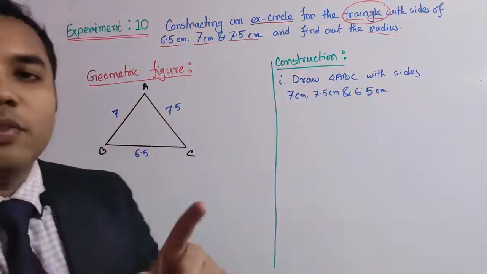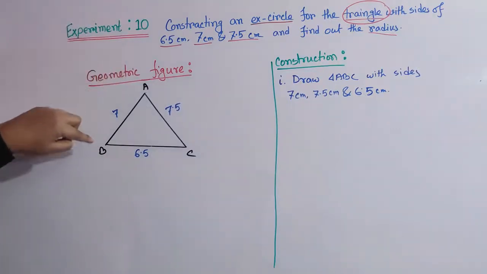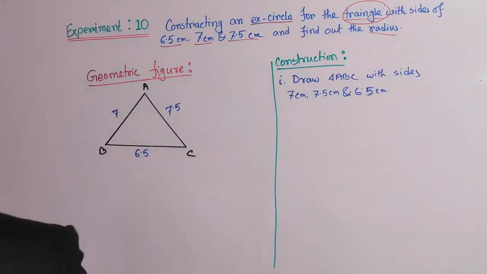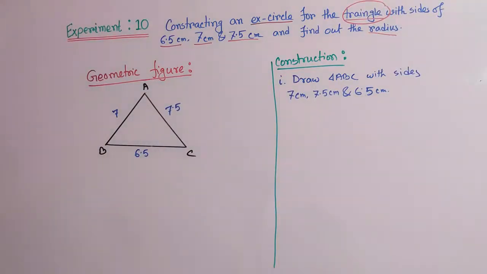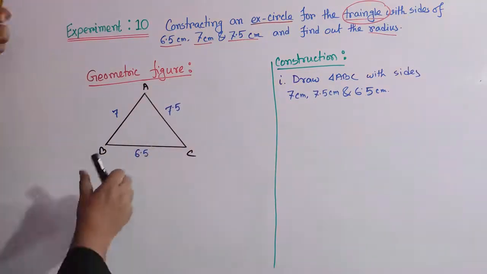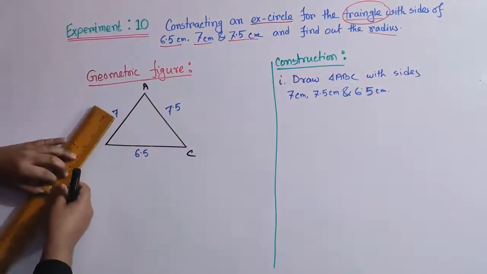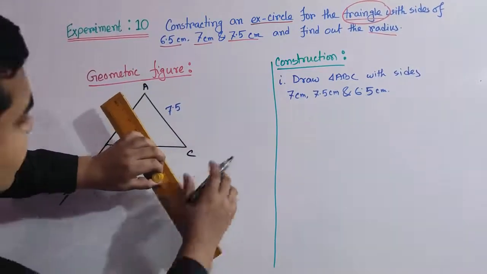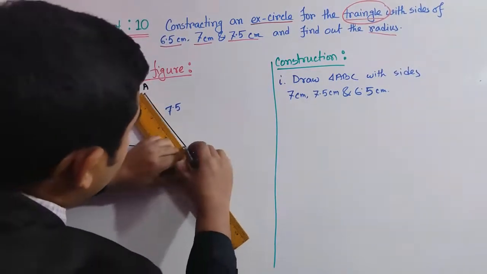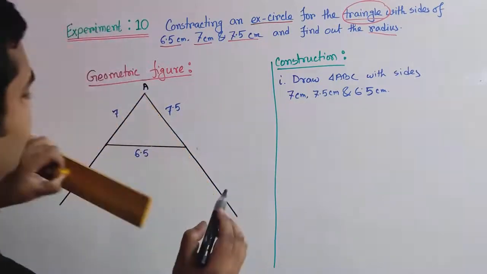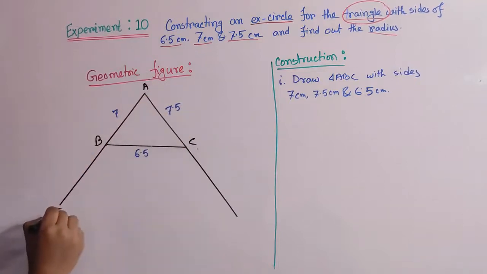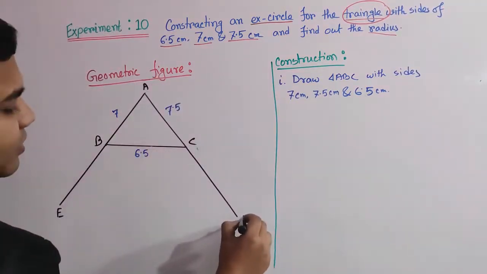Our second step is to extend AB and AC. We can write here that we extend AB up to BE and AC up to CF.